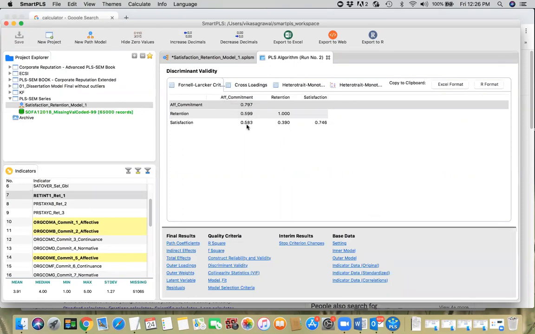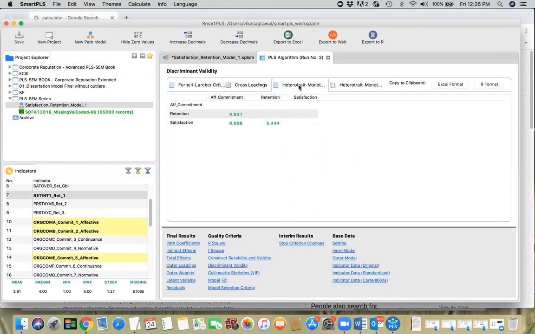So we are saying that commitment is discriminating well among other constructs, and likewise here as well, retention is discriminating well with others. Retention is a one-item construct, but still we need to see whether it's discriminating well. And so is satisfaction, 0.746 is greater than this one.